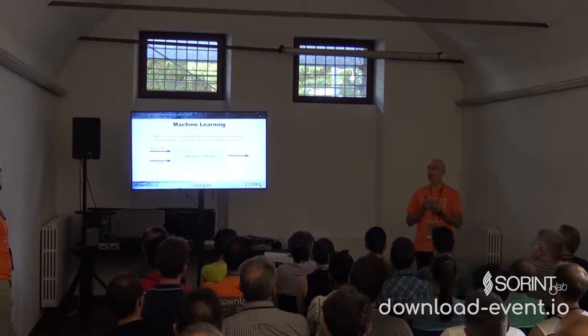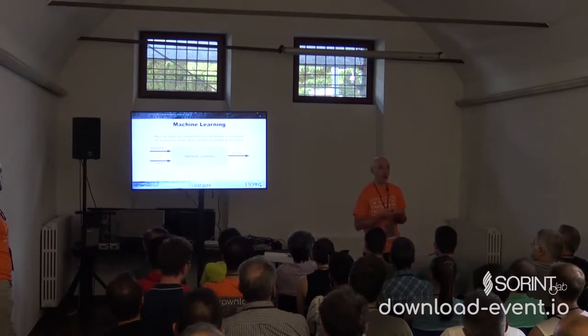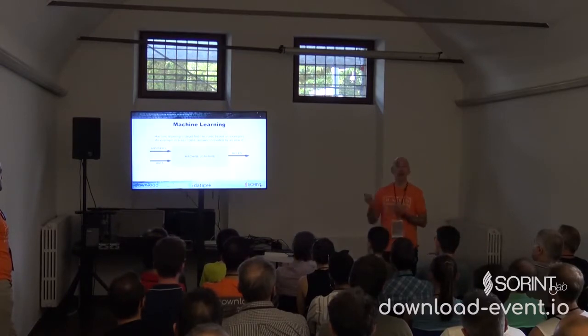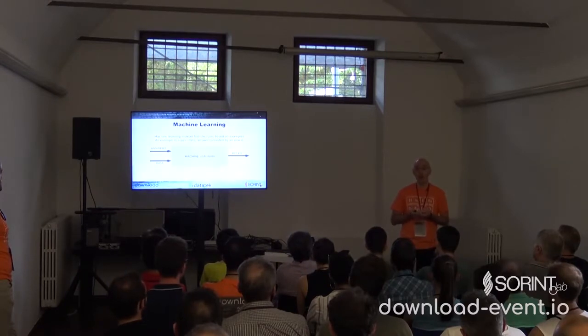I bet nobody would be able to program a computer directly, explicitly, in order to recognize a cat or a dog in an image. Well, with machine learning, now we are able to. And this is really the big difference with what we had just a few years ago.